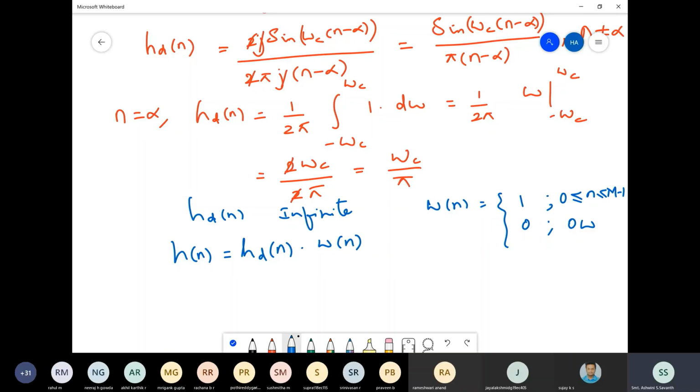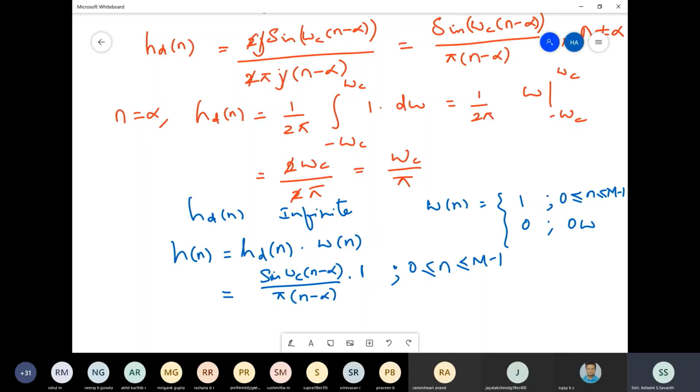So let's write the equation. hd of n is sine of omega c into n minus alpha divided by pi into n minus alpha, into w of n, which is 1, in the interval 0 to m minus 1 because you are multiplying there. And m is called the order of the filter.